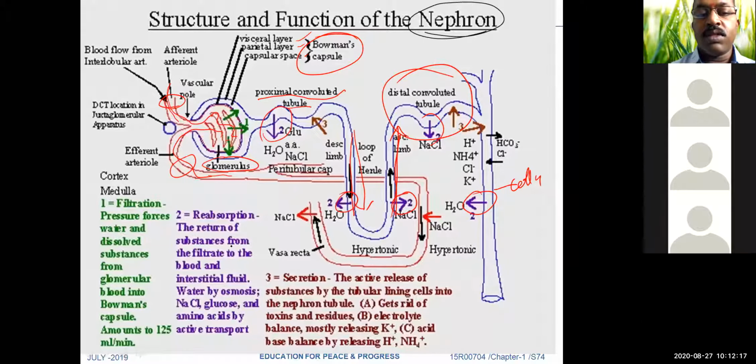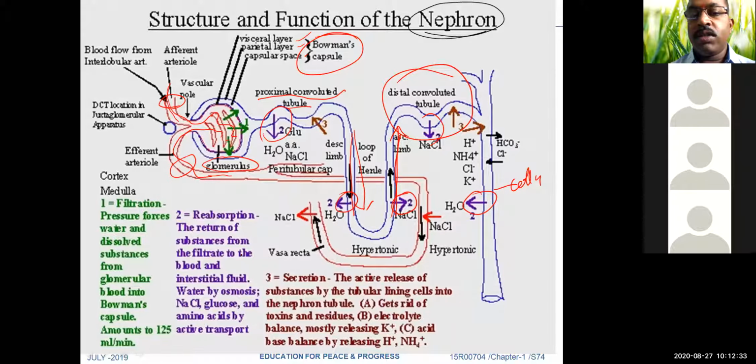So the return of substances from the filtrate to the blood and interstitial fluid occurs at these blue arrowed portions, and water by osmosis, NaCl, glucose, and amino acids by active transport.